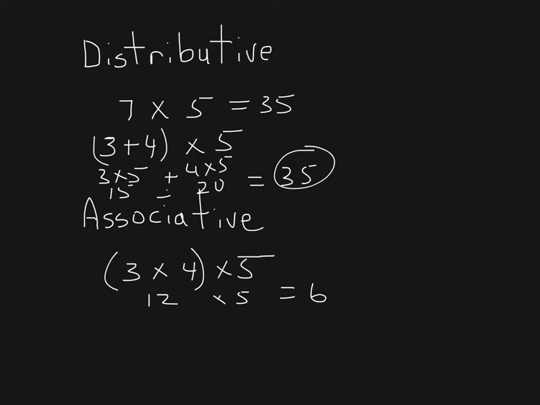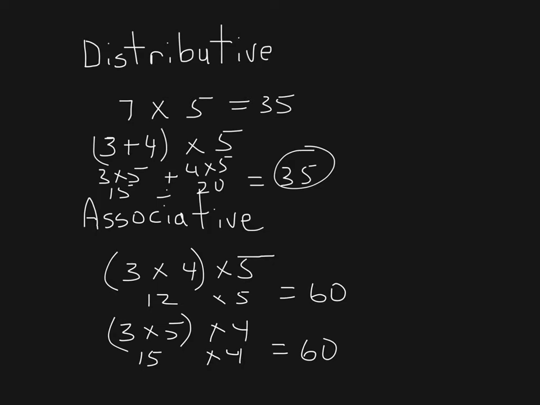Or, if I prefer, I could multiply 3 times 5 first, and then multiply that number by 4. So 3 times 5 is 15, and 15 times 4, oops, that should have been a 60 up there. 15 times 4 is also 60. So it doesn't matter what order I do the operation in. I'm still going to get the same answer.